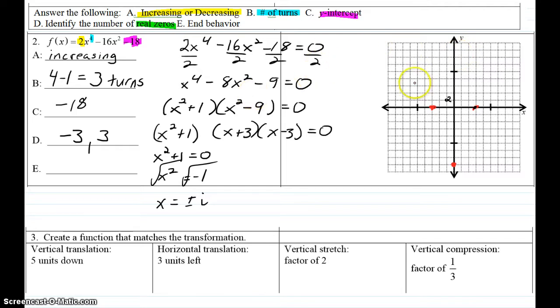As we started, remember, degree 4 is going to go up. As we go to negative infinity, it's going to go up as we go to positive infinity. So it's going to do something like that.